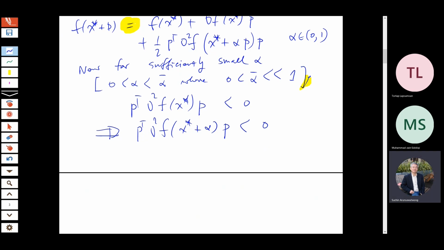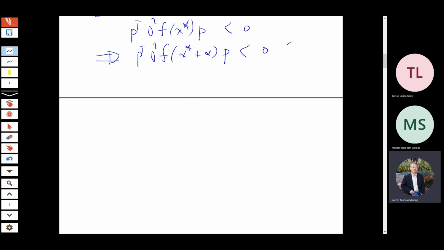Because this quadratic function cannot change the sign immediately when the H matrix is a continuous function of x, for alpha less than alpha plus.